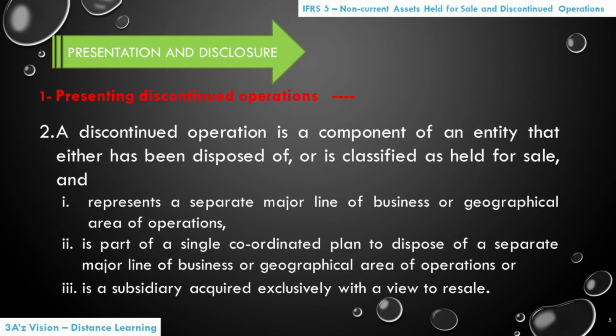A discontinued operation is a component of an entity that either has been disposed of, or is classified as held for sale, and represents a separate major line of business or geographical area of operations, is part of a single coordinated plan to dispose of a separate major line of business or geographical area of operations, or is a subsidiary acquired exclusively with a view to resale.